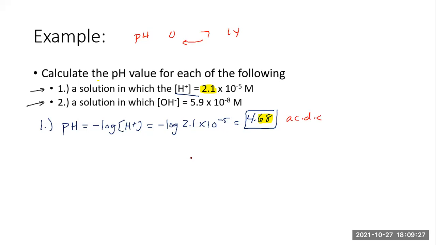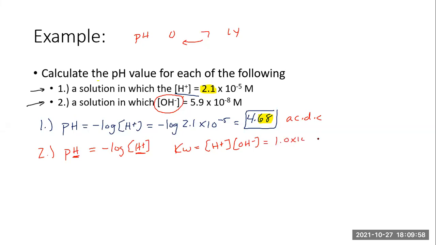All right, looking at number 2. Again, we want the pH, which is minus the log of the H plus concentration. Again, the name tells you what you need, and it's important to recognize that we actually do not have the H plus concentration given to us. We have the OH minus concentration, which means we can use KW to get over to the H plus concentration.